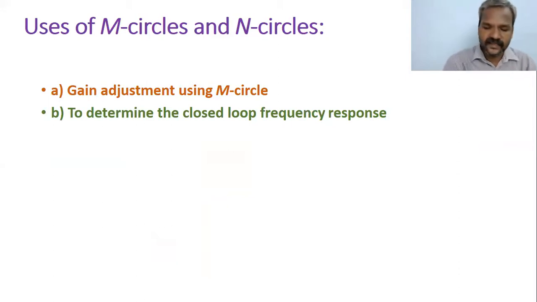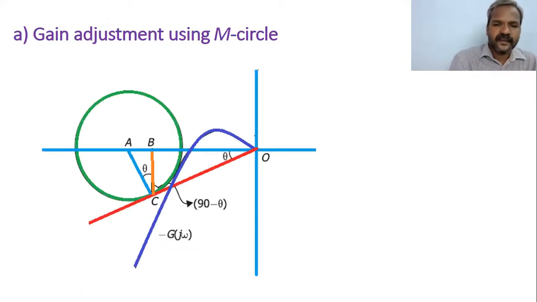First we will discuss the procedure for how to adjust the gain using M circle. So let us consider first a polar plot and the M circle.